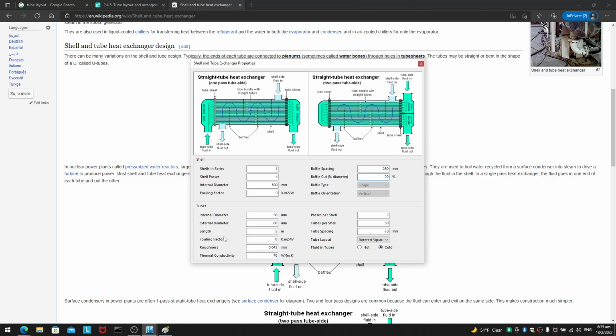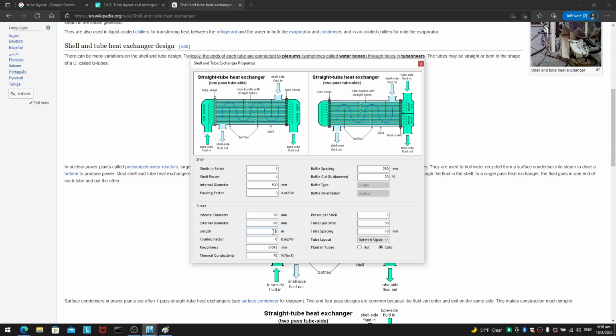Now for the tube side, we will have a lot of things again. We have internal diameter, external diameter. Of course, there will be enclosed tubes or pipes within this shell and tube heat exchanger.